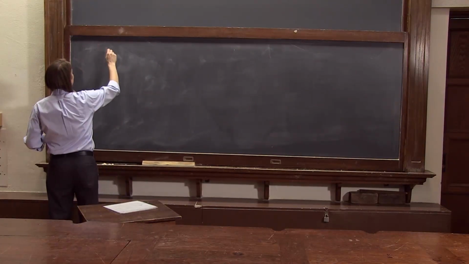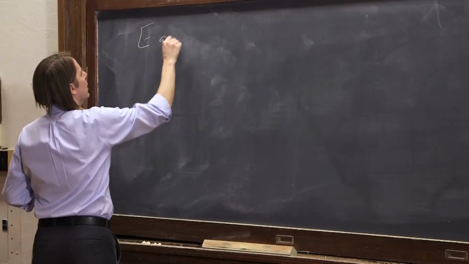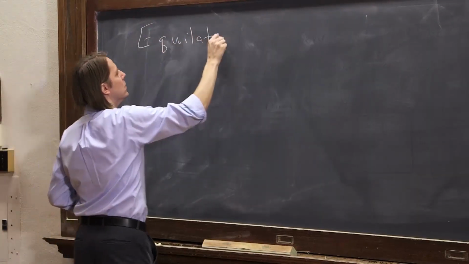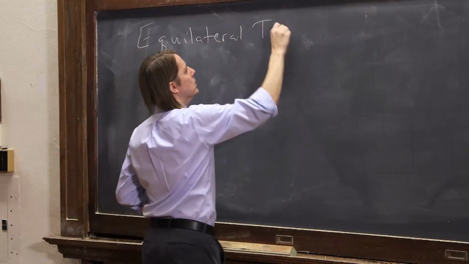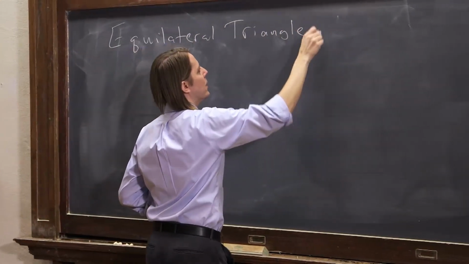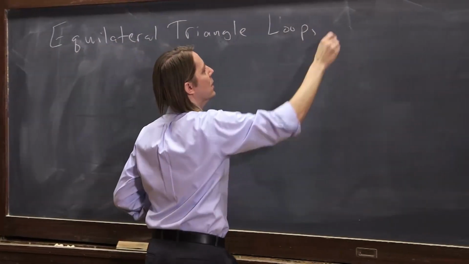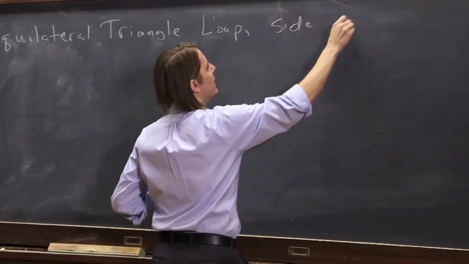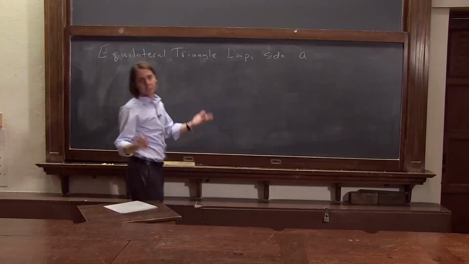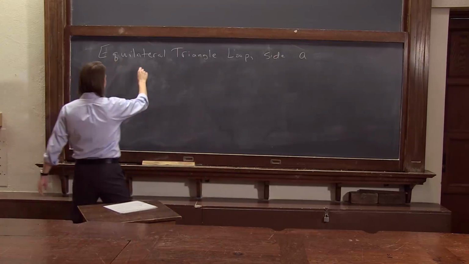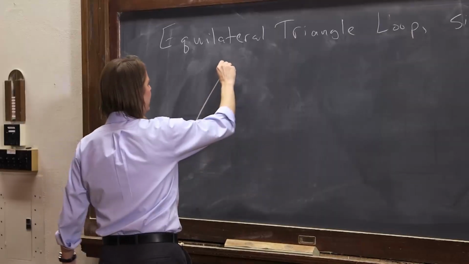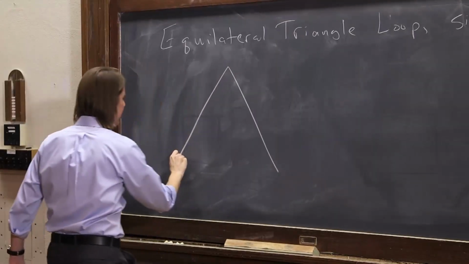Let's do, just for fun, an equilateral triangle loop with side A. Why not? So somehow, some equilateral triangle ended up sitting here like this.